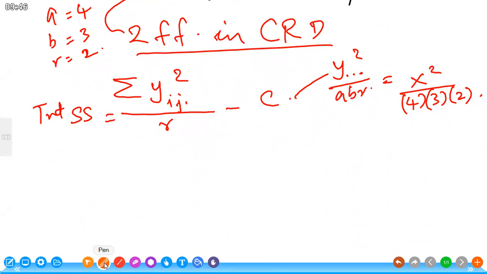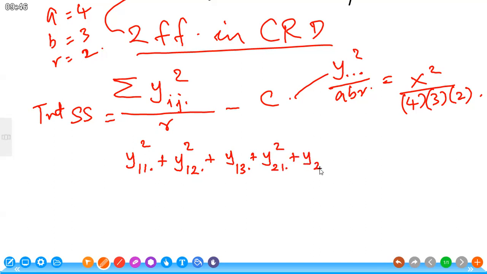So this says, for example, y11 dot plus y12 dot, square all these, plus y13 dot, plus y21 dot square plus y22 dot square. So this is the principle.